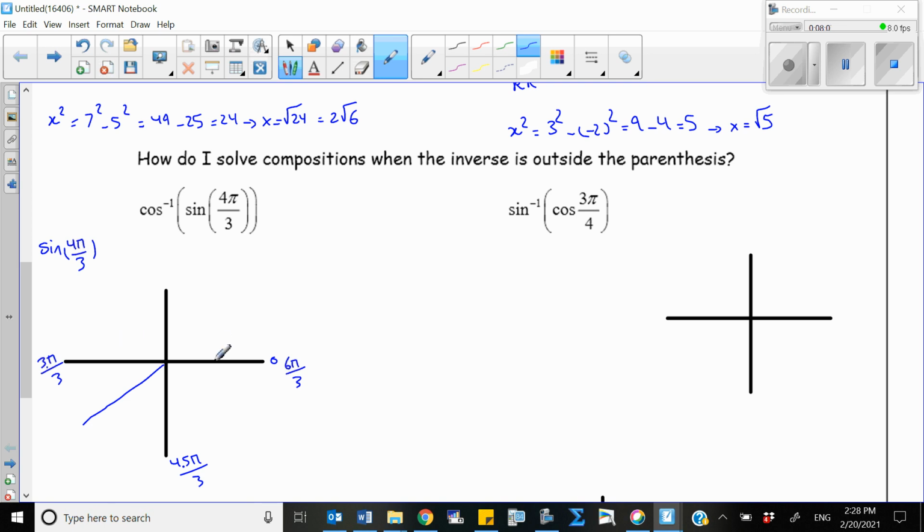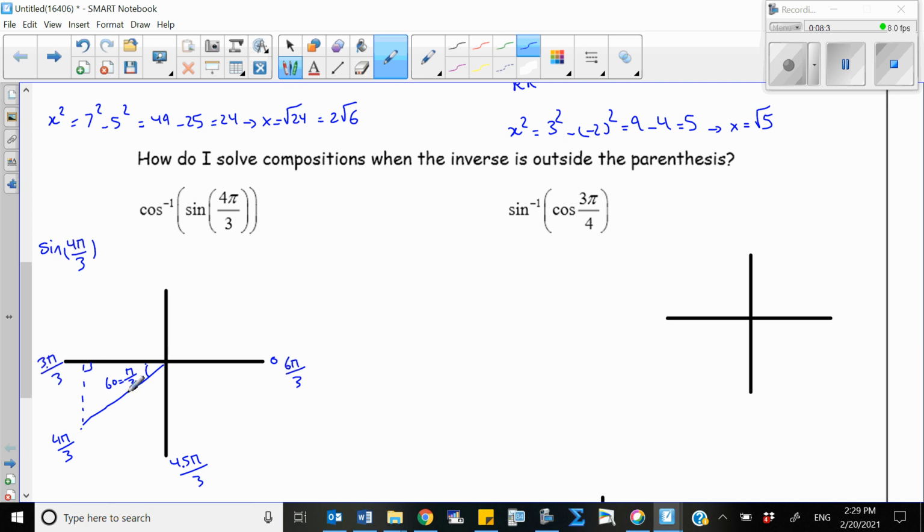Okay, so my angle is going to end at this point, and this is my reference angle. This is 4 pi over 3. The reference angle is going to be 4 pi over 3 minus 3 pi over 3, which is pi over 3. So I found my reference angle, which is 60 basically.